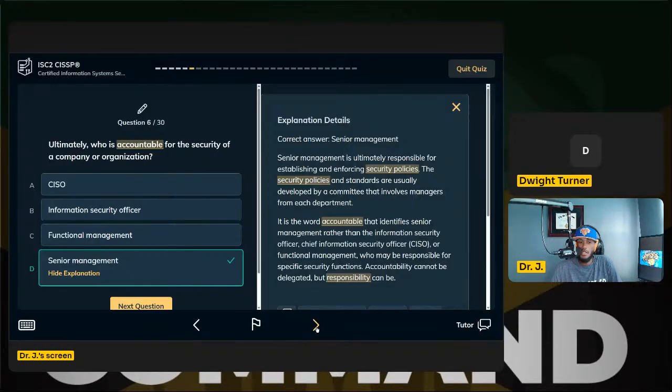Whenever you see questions like that, asking who is ultimately responsible for the whole thing, not a particular section or department, but the whole operation, read the questions very carefully, because they will try to change it up a bit and focus on a particular department. You want the one that encapsulates the whole company or organization, and that's typically senior management or the CEO. That's typically going to be the answer in those situations.